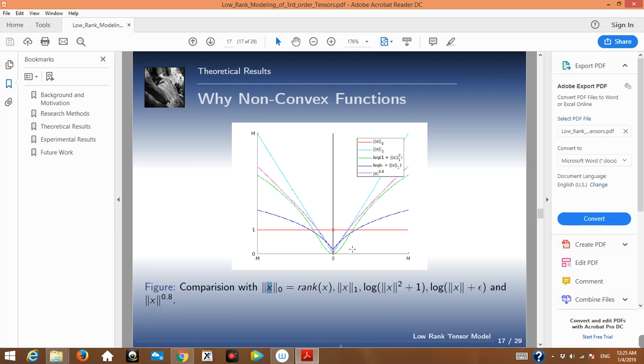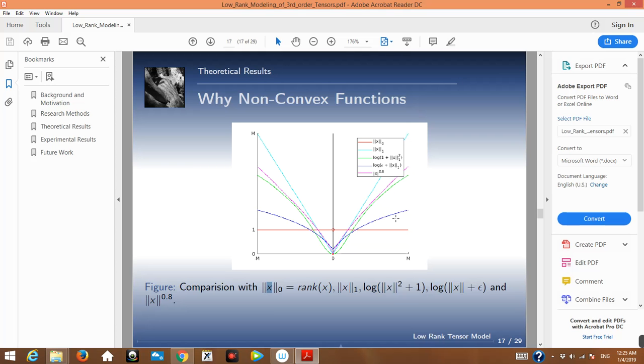So we try to use some non-convex function to shrink the singular values less. For example, when we use the log determinant, you can see that as the value of x becomes bigger, this non-convex function grows slower than the nuclear norm.